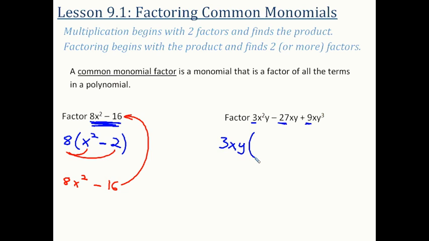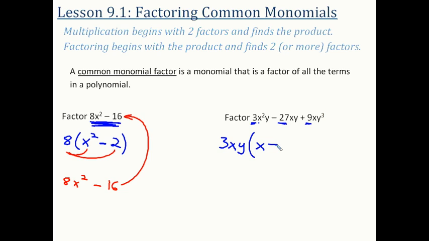Now we see what we would multiply by 3xy, our common monomial factor, to get our polynomial. 3xy times just an x, because we have our 3, we have an x squared, so we need an extra x, and we have a y. Minus, and 3xy times what gives me 27xy?